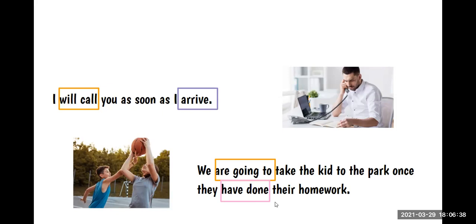And these two clauses are joined by once. Okay? So, what do you think is the rule in these two sentences? What is the rule that we need to follow? For example, in the first one, I will call you as soon as I arrive. What could be the rule in this sentence that we need to follow?